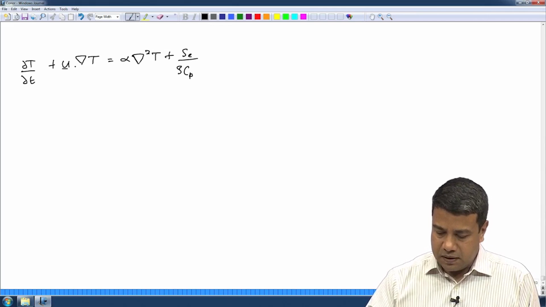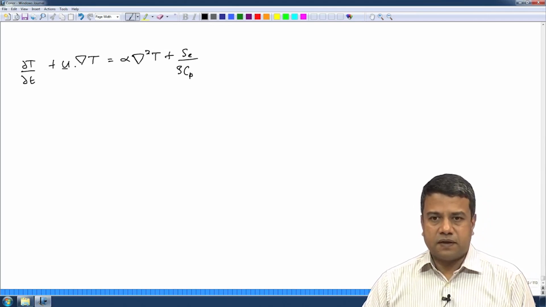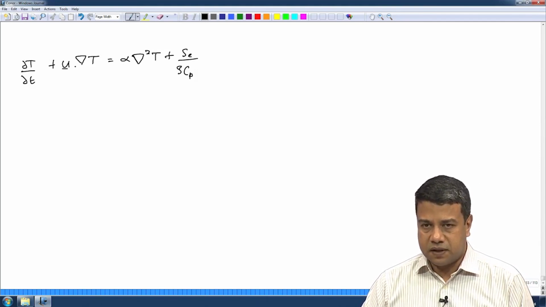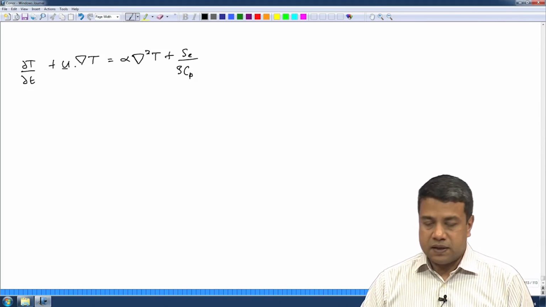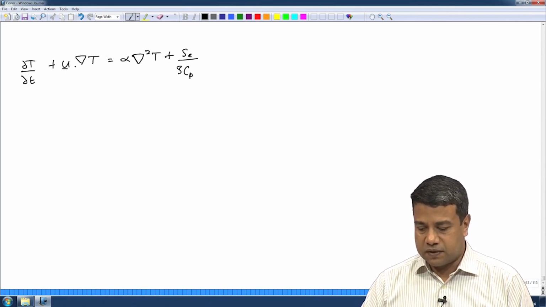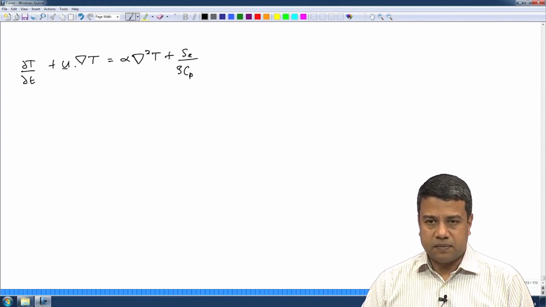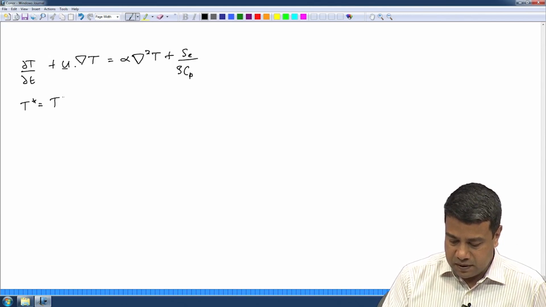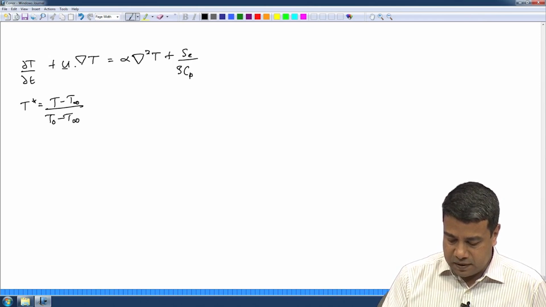On the left side is the convection terms, the time derivative, the rate of change of temperature and the rate of transport of temperature due to the mean fluid velocity. On the right side is the rate of transport due to diffusion, molecular diffusion, and then any sources or sinks. We had scaled, if you recall, in one of the previous lectures, T star is equal to T minus T infinity by T naught minus T infinity.